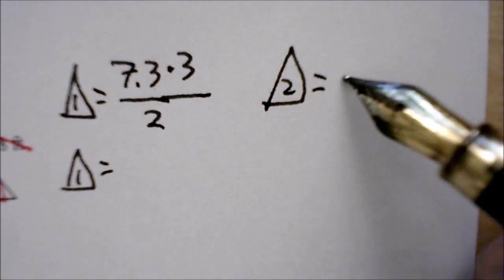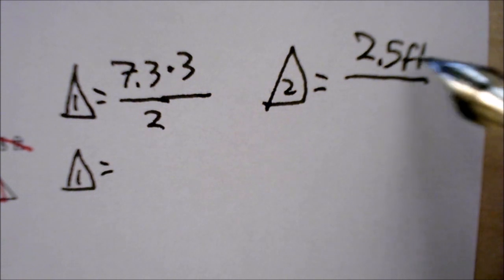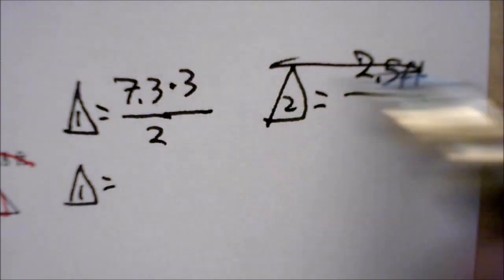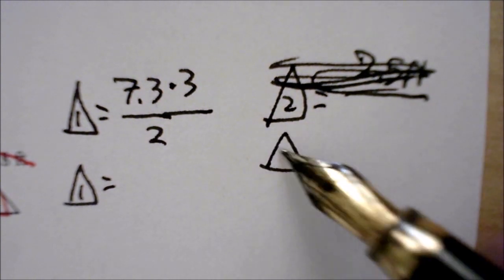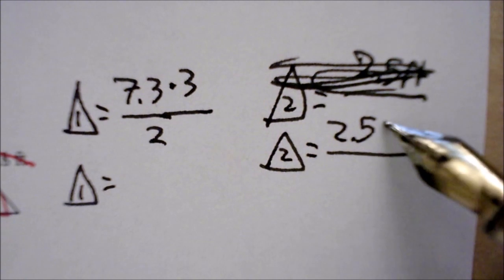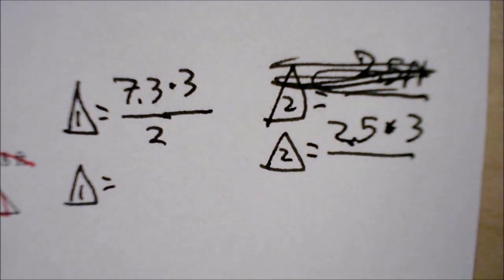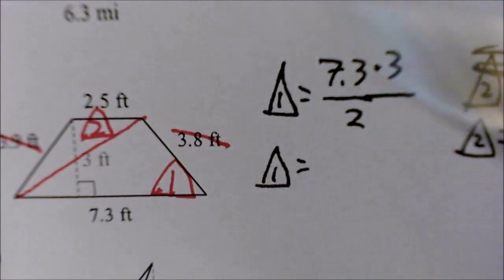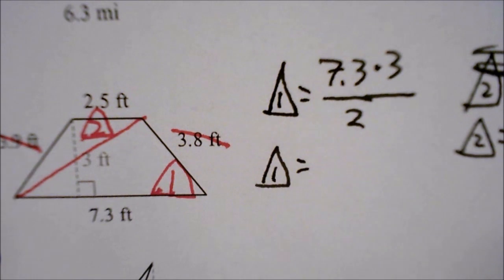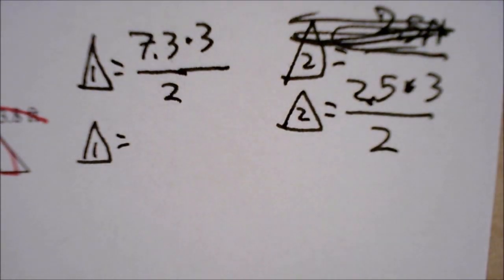It has a base of 2.5 feet, although I don't really have to write the feet, do I? Triangle 2 has a base of 2.5 feet, and it has a height also of 3 feet. If we check over it, the base is 2.5 and the height is 3. At this point, we can go ahead and start solving them.